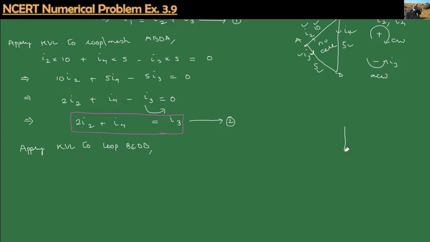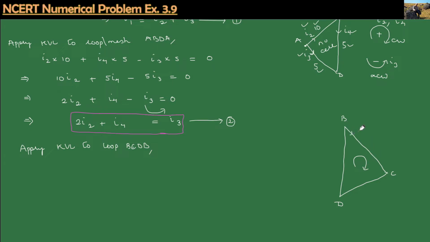Let us draw this loop. This will be the junction, and this will be the taken direction.